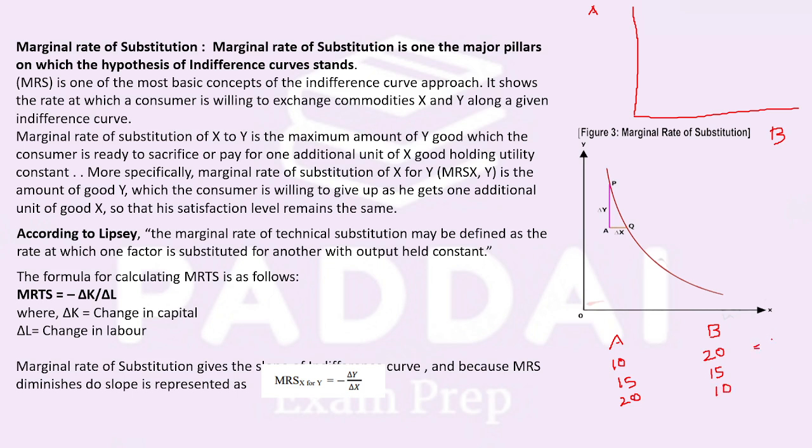Here satisfaction is 30, satisfaction is 30, satisfaction is 30. Let's have higher satisfaction. A is 20, B is 20. A is 25, B is 15; 15, 25. This is 40, 40, 40 satisfaction.